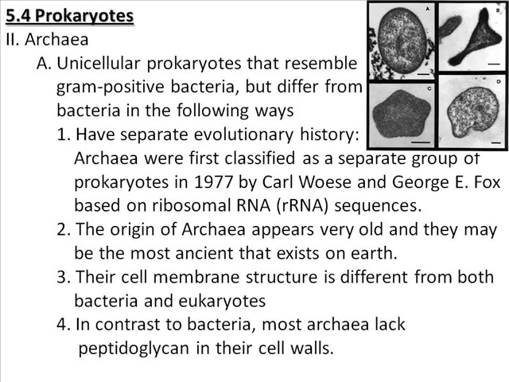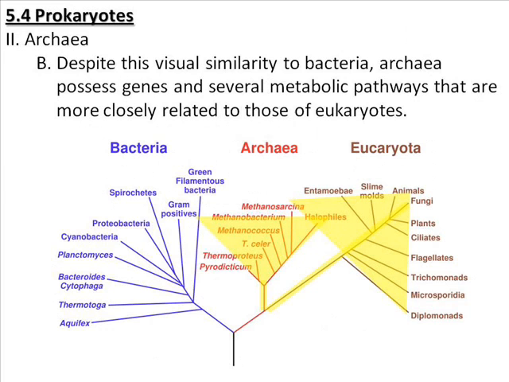Thirdly, their cell membrane structure is different from both bacteria and eukaryotes. This difference lies in the phospholipid that goes into the phospholipid bilayer that makes up the cell membrane. Their phospholipid has a different structure than what we would find in our cell membranes and in a bacteria cell membrane. And fourthly, in contrast to bacteria, most archaea lack that peptidoglycan compound in their cell.